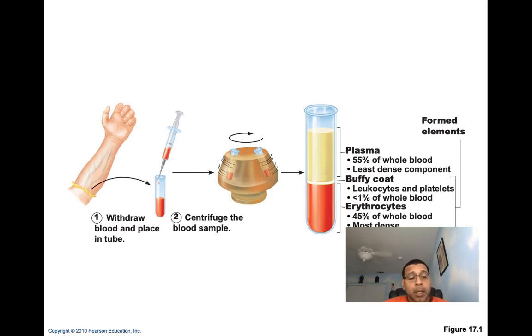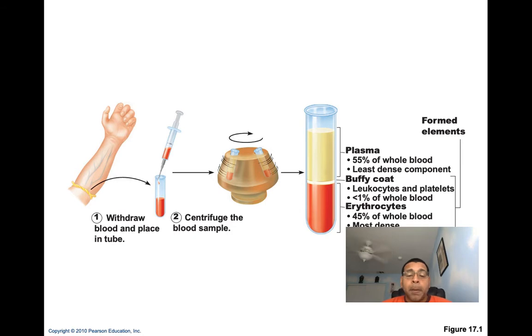So, liquid and cellular components. Blood is a specialized connective tissue, if you recall, in which formed elements are suspended in plasma. What are the formed elements? They are the living blood cells.